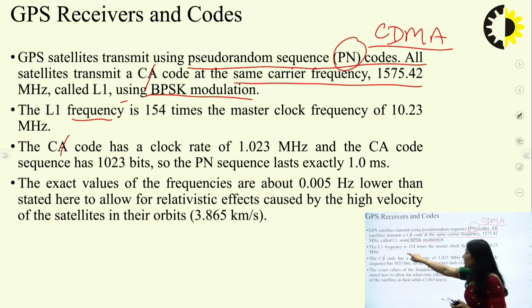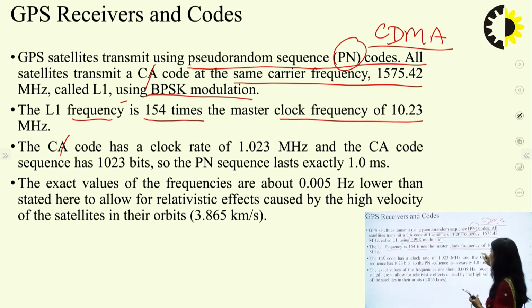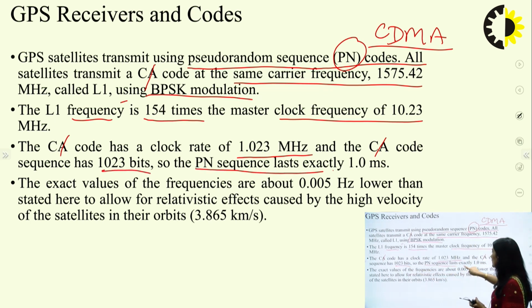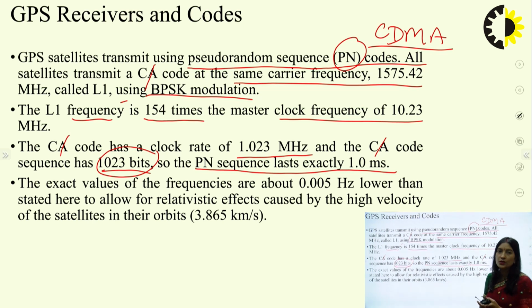The L1 frequency is 154 times the master clock frequency of 10.23 megahertz. The C/A code has a clock rate of 1.023 megahertz, and the code sequence has 1023 bits. So the PN sequence lasts exactly 1 millisecond. The length of the code is 1 millisecond, and in one C/A code we have 1023 bits.